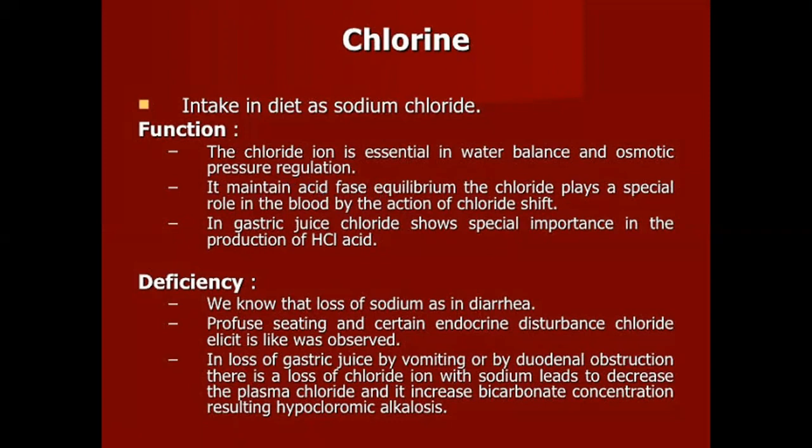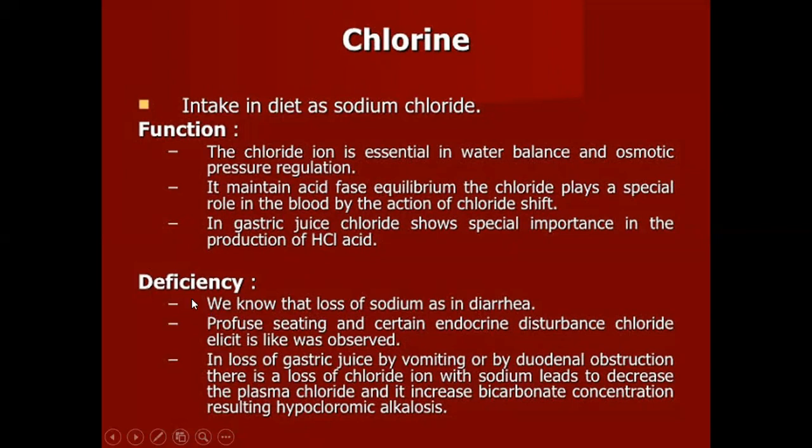Chloride also plays a special role in the blood by the action of chloride shift. The gastric juice shows a special importance in the production of HCl acid. As we have discussed, the gastric juice HCl is generated from NaCl. Similarly, chloride ions are very important for the gastric juices of the body.